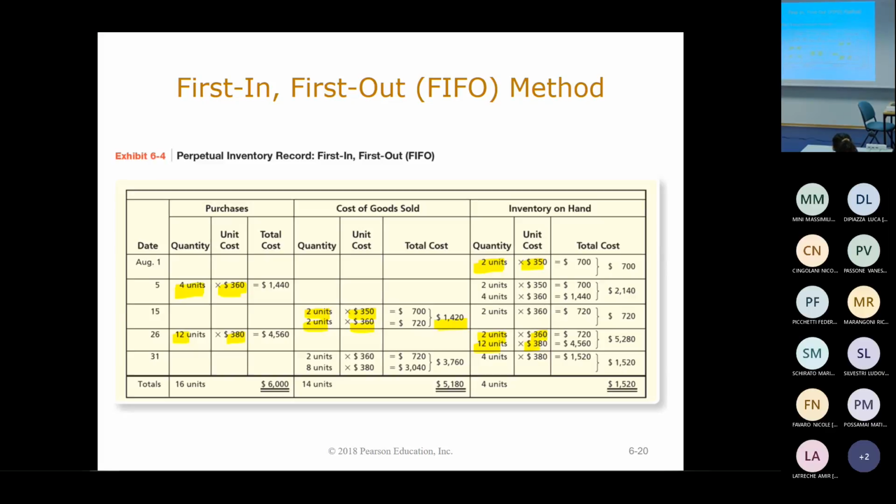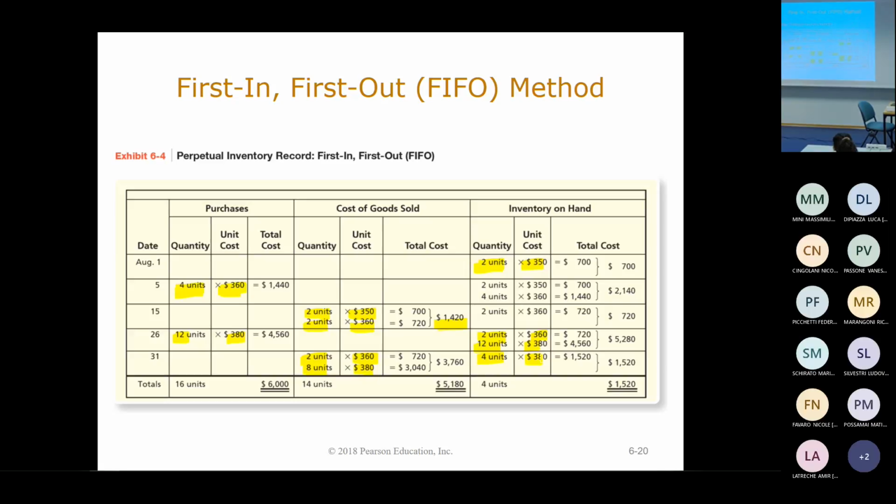Once again, applying the FIFO logic, we sell the oldest units first. So we sell 2 units at 360 and 8 units at 380. How many units are left? 4 units. And what units are they? Those are the newest units, and they are measured at 380.